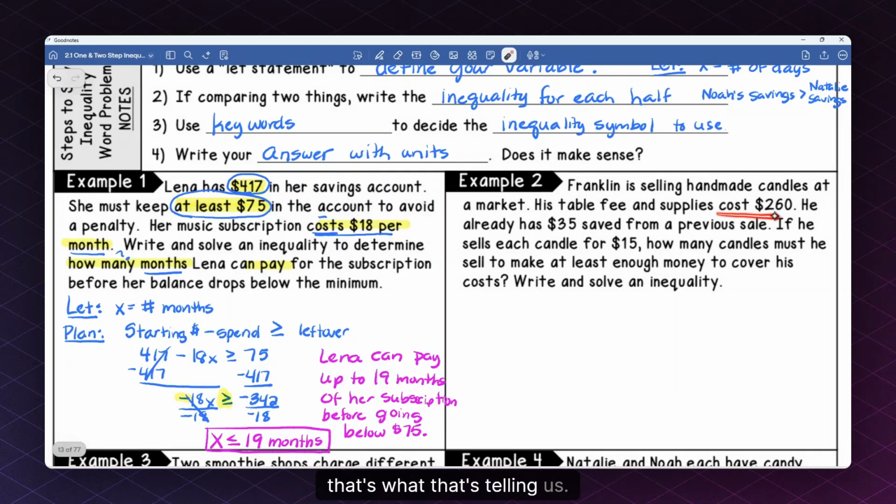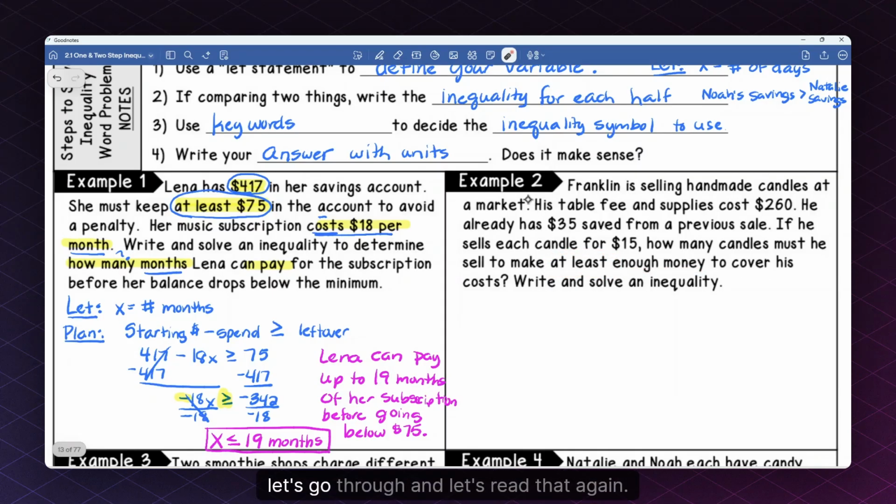Okay, that's what that's telling us. He has already saved $35 from the previous sell. And if he sells each candle for 15, how many candles must he sell to make at least enough money to cover his costs?